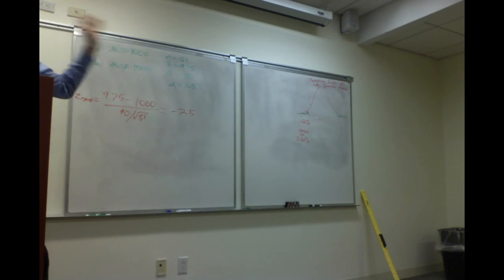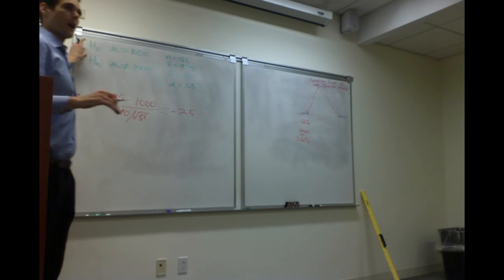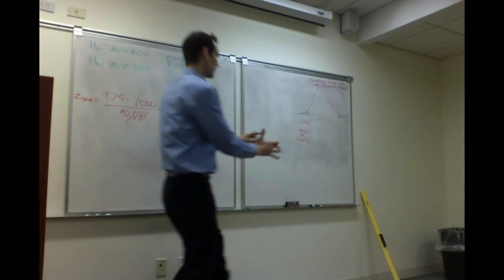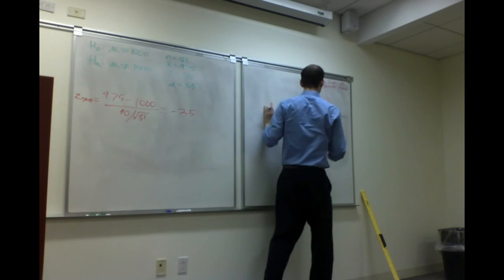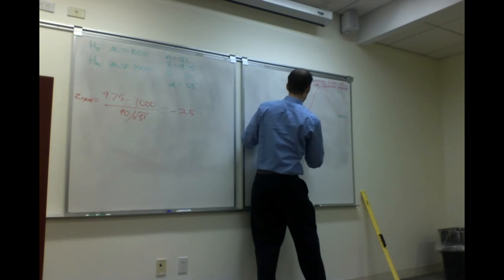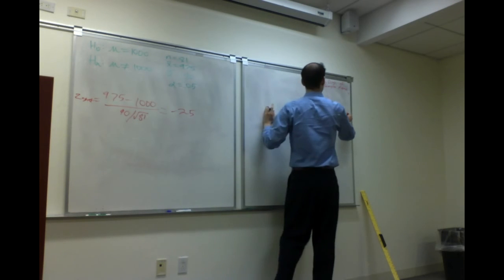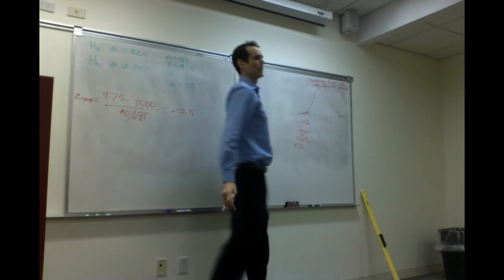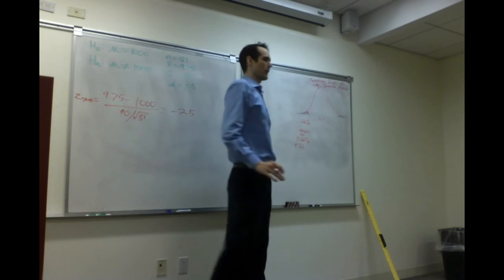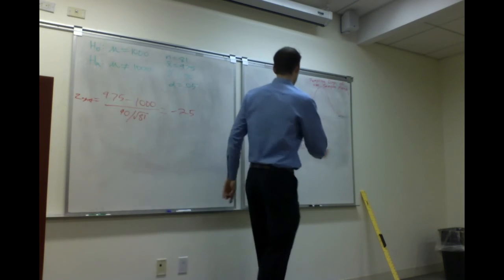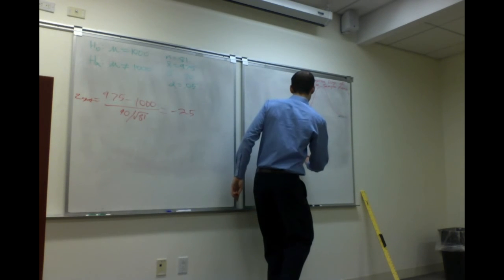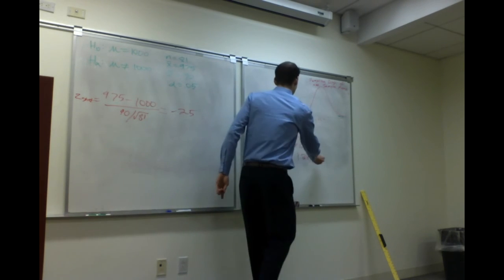Two-tailed test. There are one of two ways we could disprove the null hypothesis. It could be really, really low, or it could be really, really high. So we multiply that by 2. Because in either case, if it had landed here or landed here, we would have said, whoa, that's way too unlikely. So we multiply that by 2 and we get what? 1.24%. Okay, so that's the p-value.